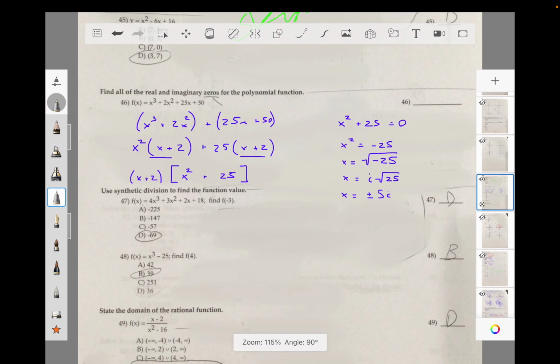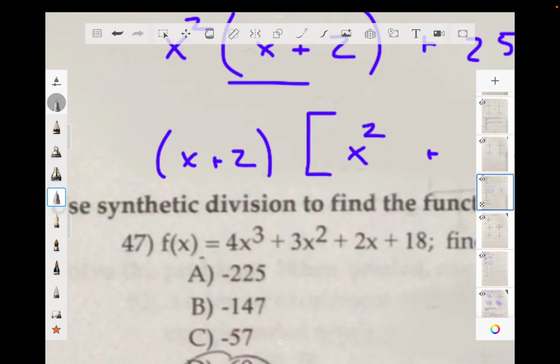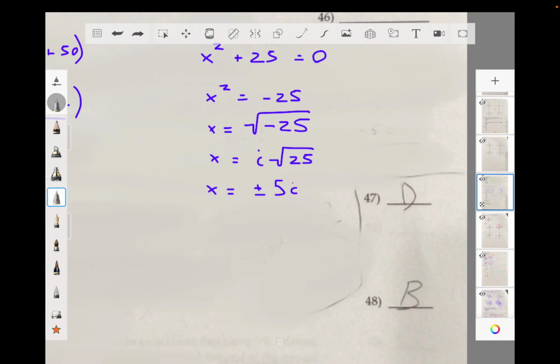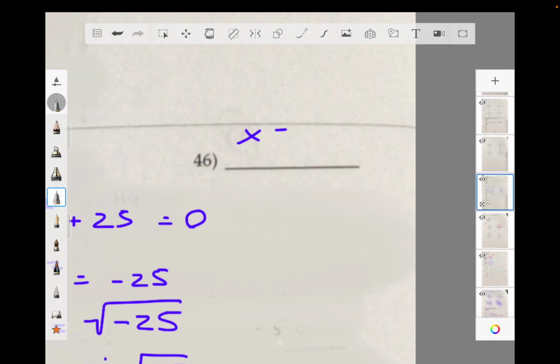So that means our zeros are x equals negative 2, and x equals plus or minus 5i. So it's going to be x equals negative 2, 5i, negative 5i. Those are our zeros.